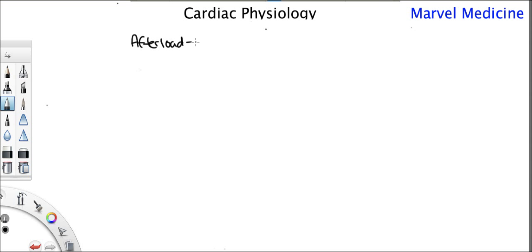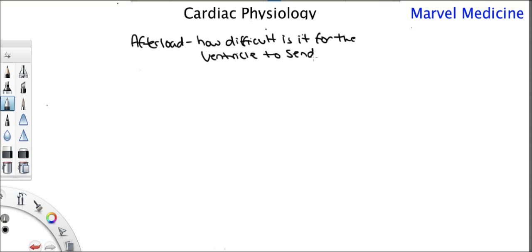Afterload, whenever you think of afterload or whenever you see it, just think of how difficult is it for the ventricle to send blood out into the aorta, okay?